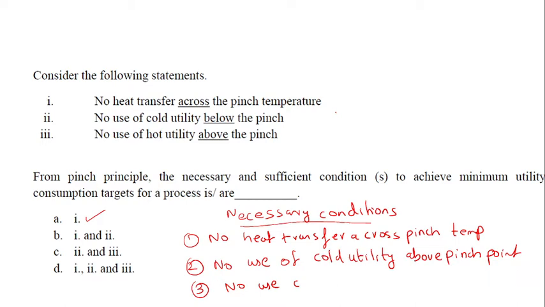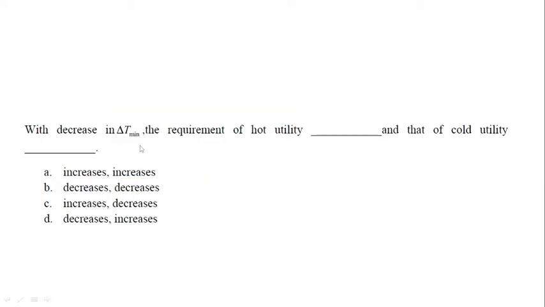So let's see question number 2. With the decrease in delta T min, the requirement of hot utility dash and that of cold utility dash. So with decrease in delta T min, how does it affect the requirement of hot utility and cold utility?